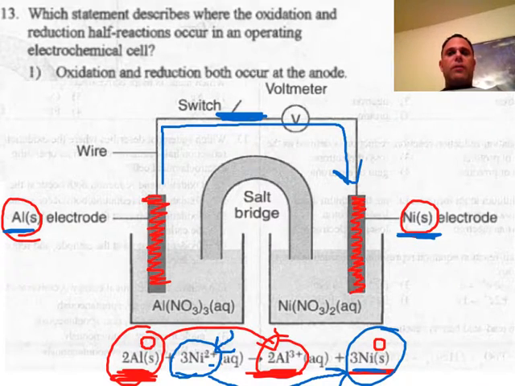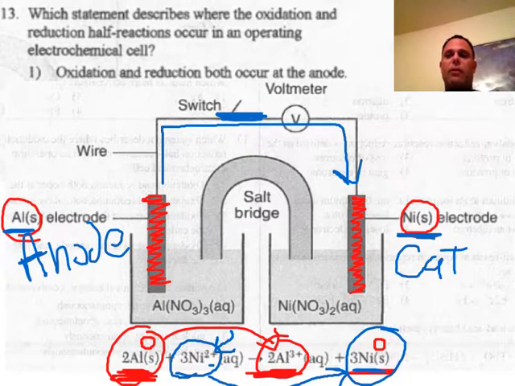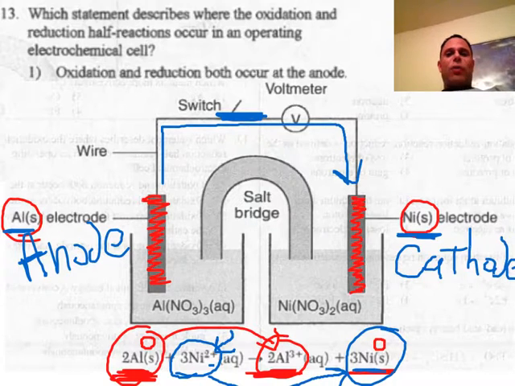Now, in this form of chemistry, we call the one that is losing electrons the anode, while the electrode that is gaining electrons, we call it the cathode. I'm going to run out of space. And we have a mnemonic that helps us out with that.